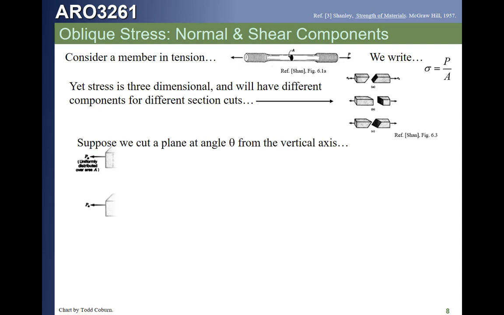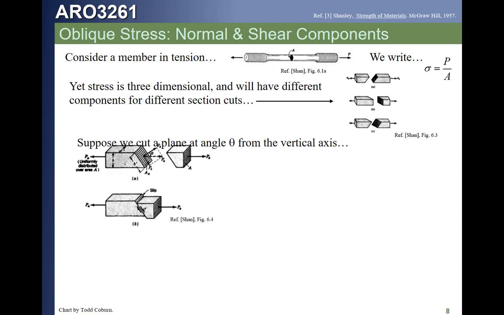So let's say we cut a plane at some angle from the vertical axis. Now we moved away from this round part we started with and went to a square part to make things simpler. If we cut any other plane, we still have the same action-reaction pairs, P and the reaction to P. But at that plane, while we still know that the total force in the x direction is P, we can resolve it into its components that are parallel and perpendicular to the area.